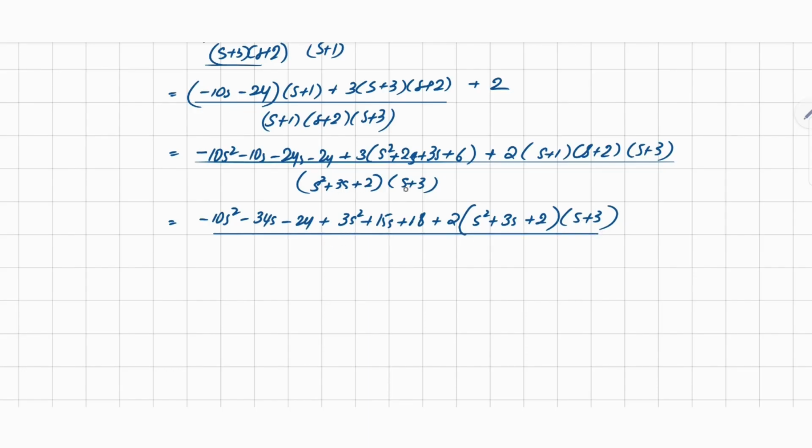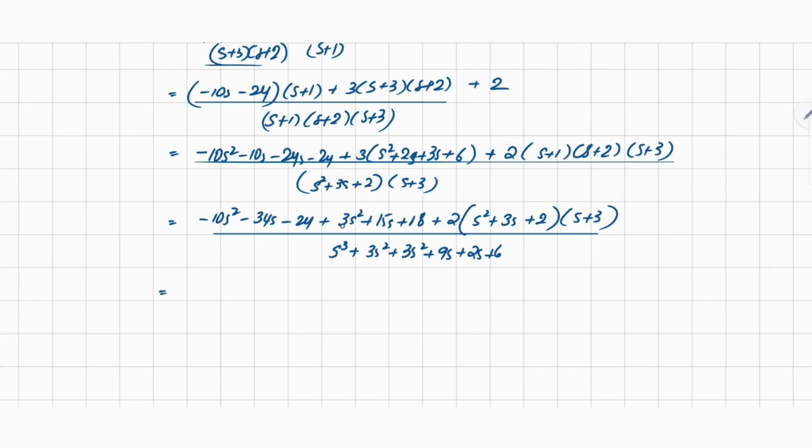And here we can further simplify the denominator. We have s cubed plus 3s squared plus 3s squared plus 9s plus 2s plus 6.